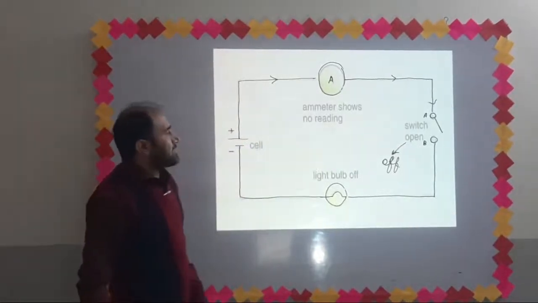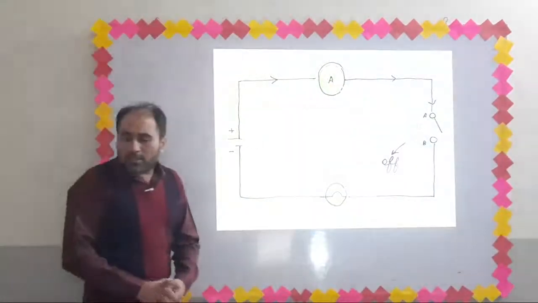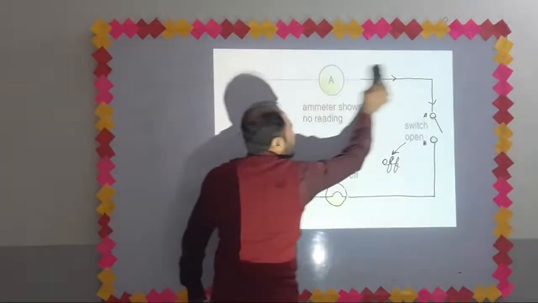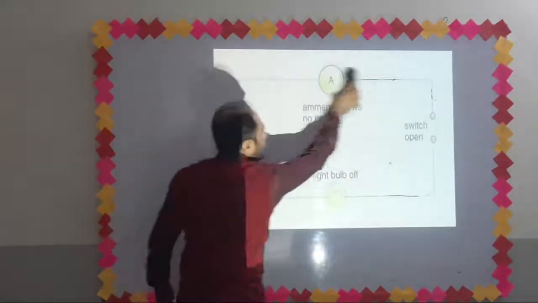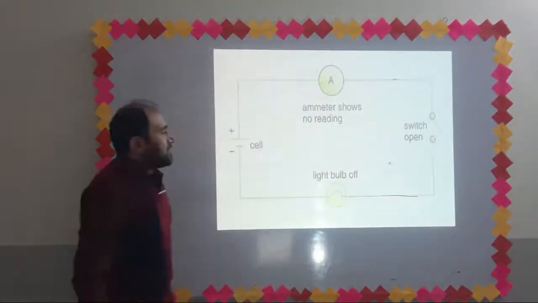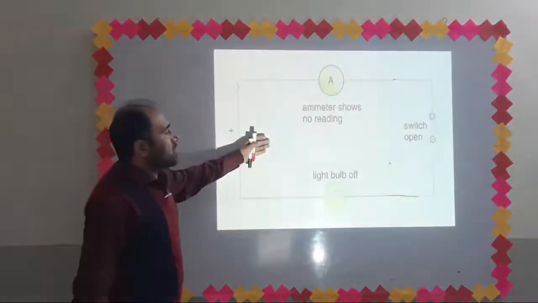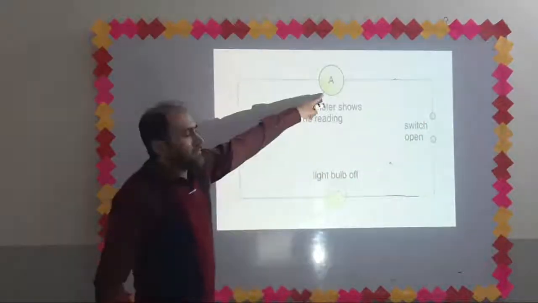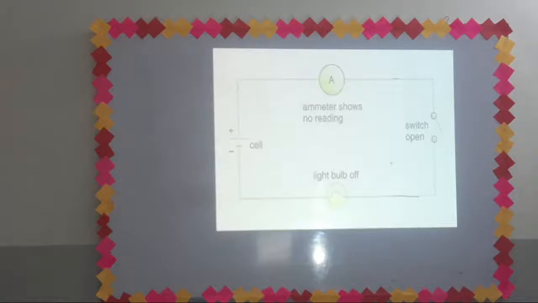This is an open circuit because current cannot pass; the passage of current has been broken. So if the switch is open, it means the switch is off. The path is broken, so the ammeter will show no reading. There will be no current in the circuit. Is it clear? Write clear if you are clear with this.